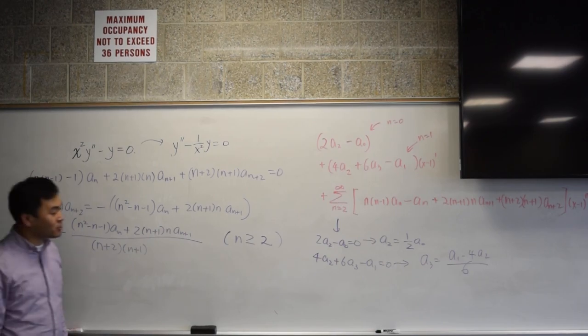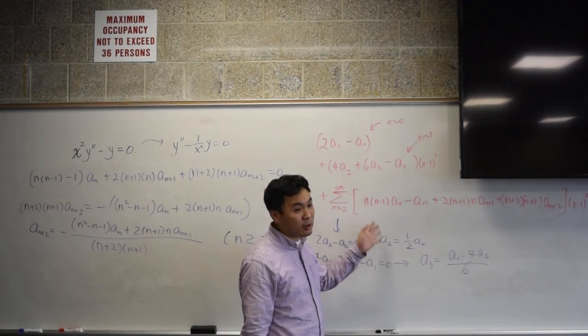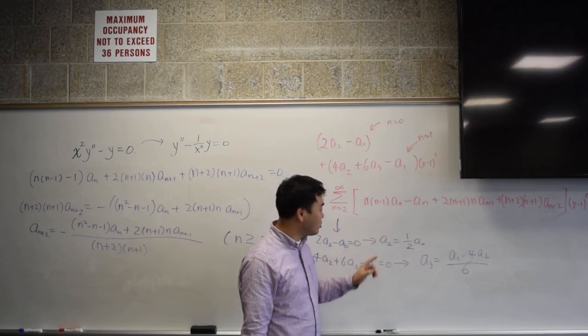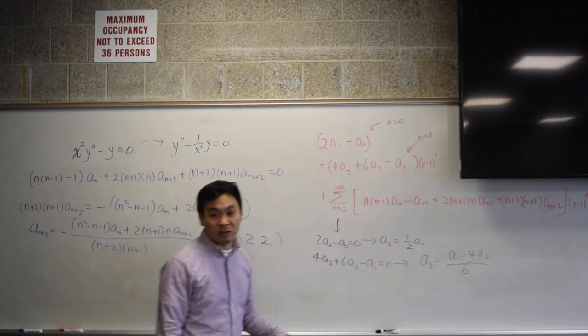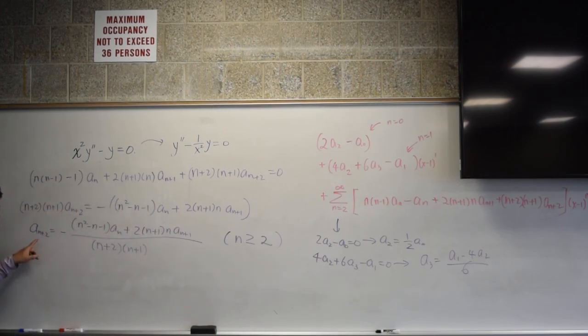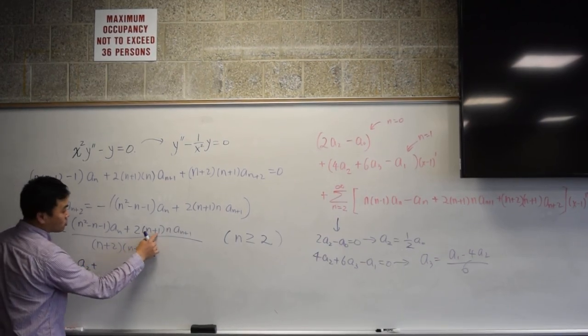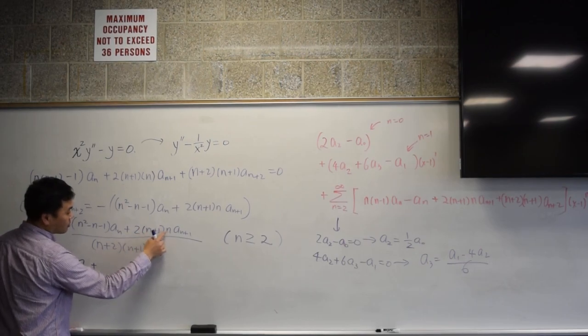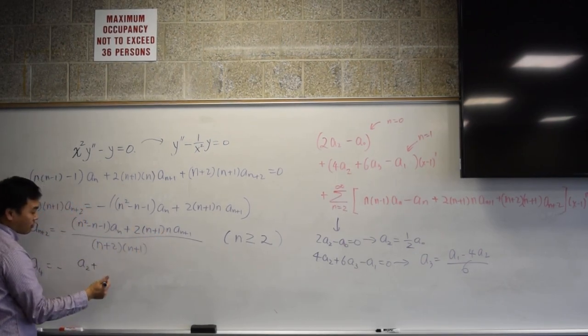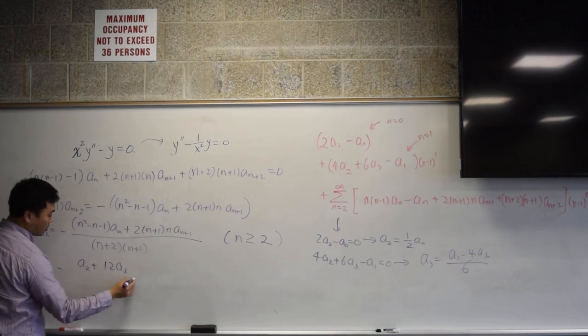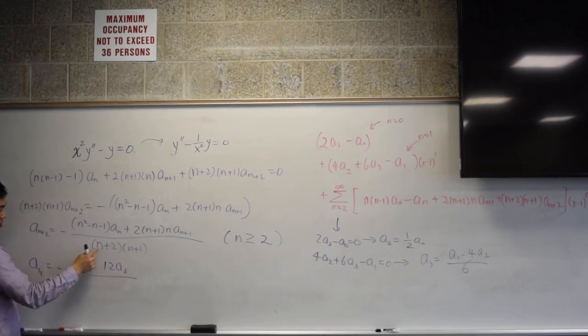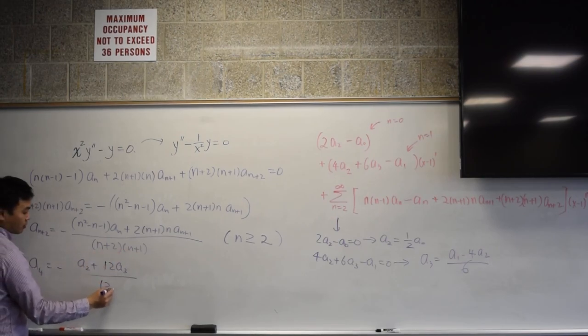We found the first a0 and a1 are free variables. a2 is this, a3 is this, and if we wanted just one more to get 5 non-zero terms, we just have to plug in 2 here, which gives us a4 equal to, let's see, 4 minus 3, this is a2, plus if I plug in 2, 4 times, 6 times 2, 12, a3 over 4 times 12.